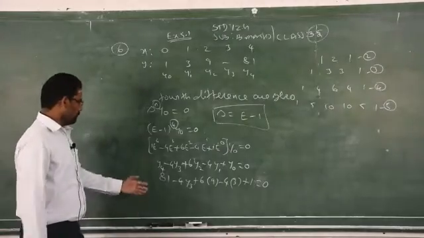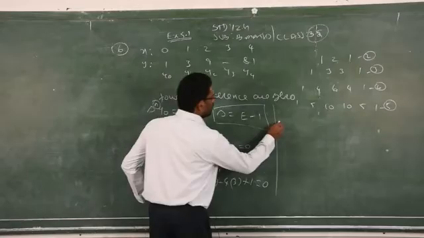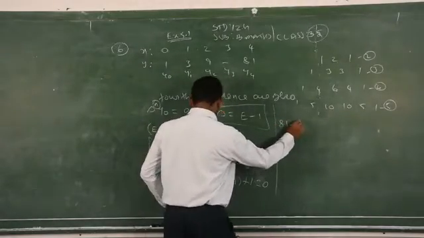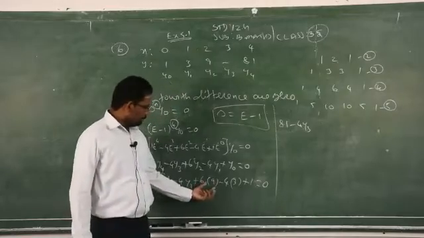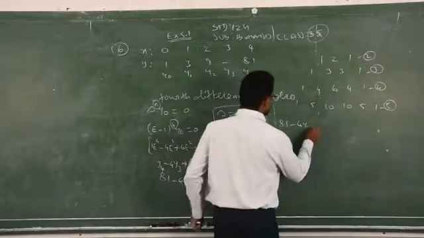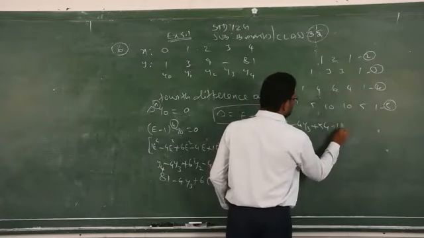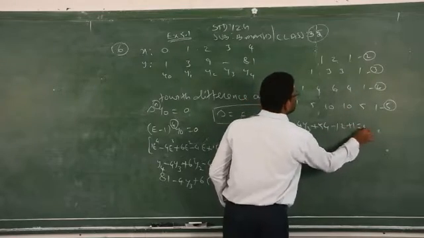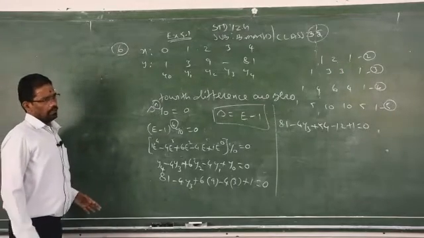Now you have to simplify. 81, 4y3. First you simplify the multiplication: 6 9s are 54, 4 3s are 12, plus 1 is equal to 0. Boys, remember, don't simply copy.